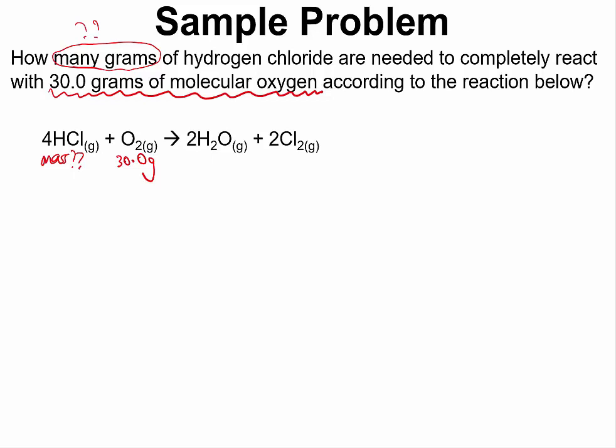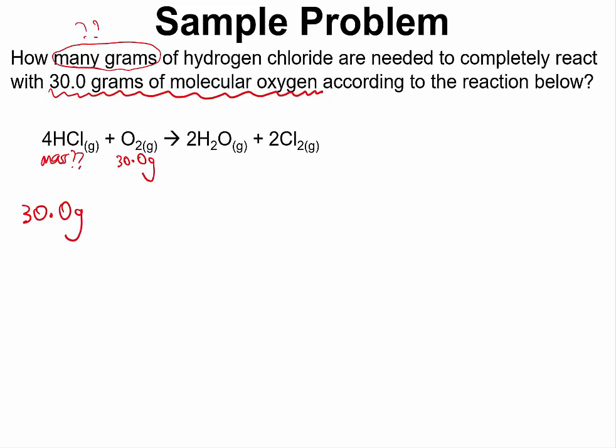Again, before you begin anything here, please ensure that you check that the equation is balanced, because if the recipe is not correct, nothing would make sense. This equation is balanced.